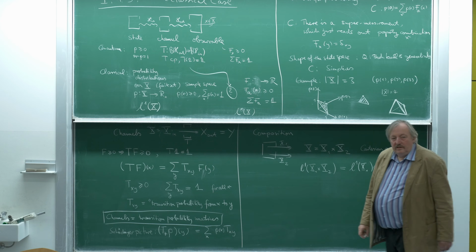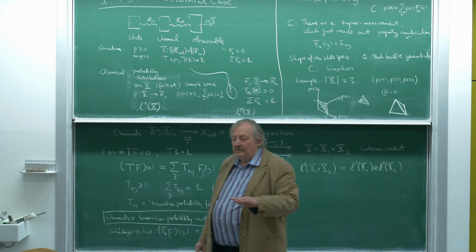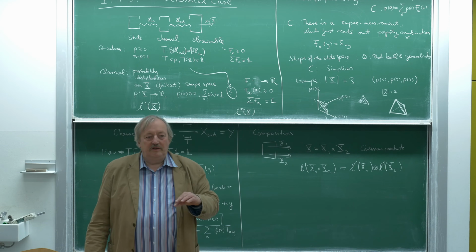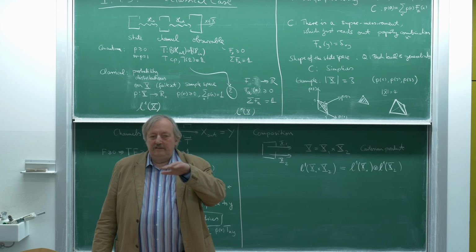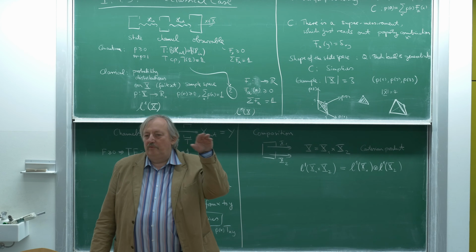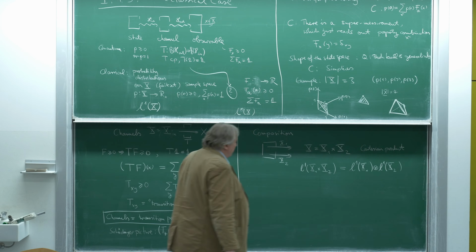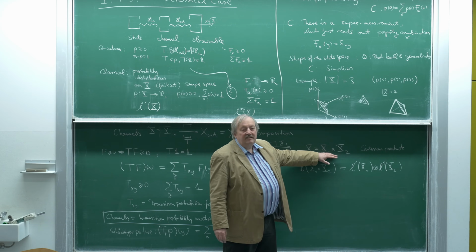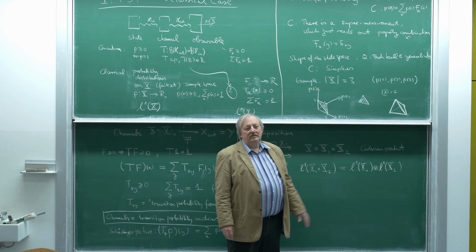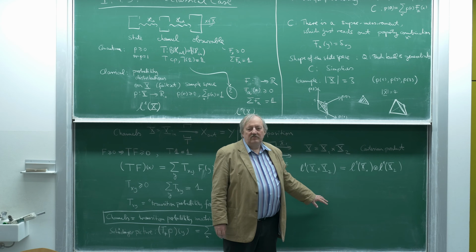So I mentioned that we have tensor products. In the quantum case, we have tensor products at the vector level, at the operator level, and at the superoperator level. Now, in the classical case, the tensor product at the vector level becomes replaced by the Cartesian product, but all the rest is the same.